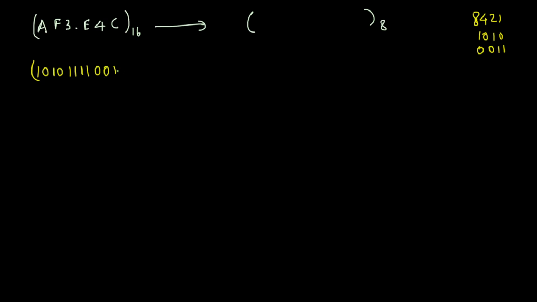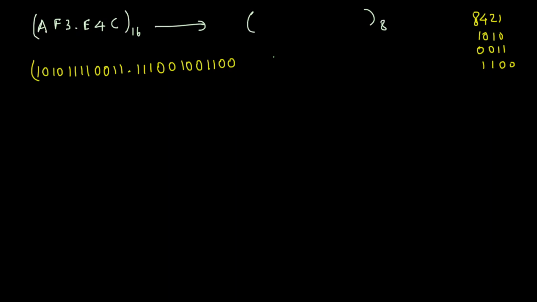And then E is 14, which is 1 1 1 0, and then 4 is 0 1 0 0, and then C is, okay, so A is 10, B is 11, C is 12, so C is a 12, which is an 8 and a 4, so 1 1 0 0. So this is 1 1 0 0.